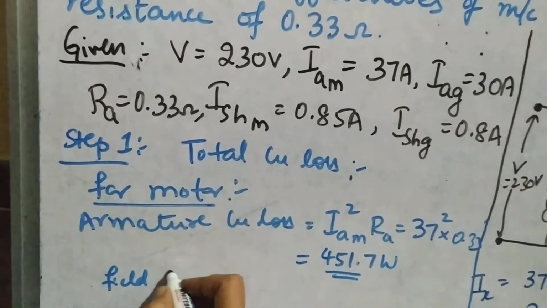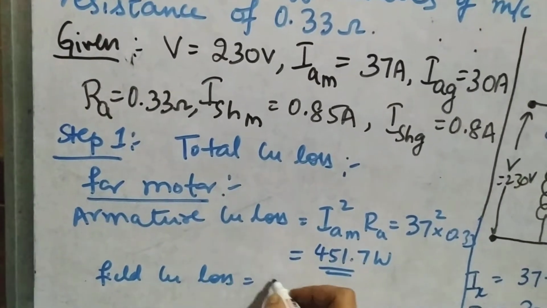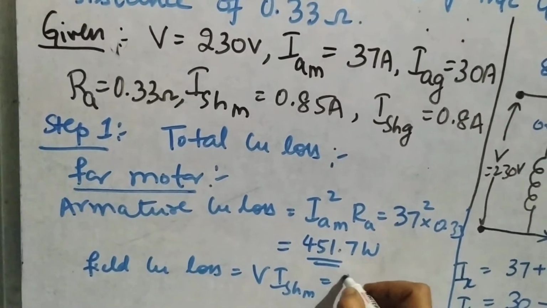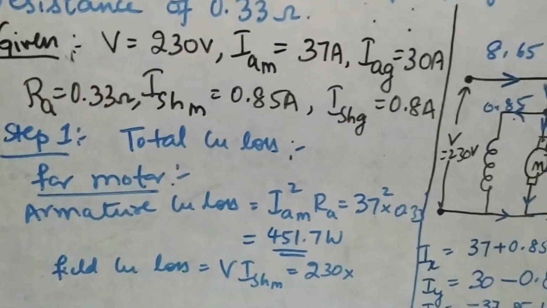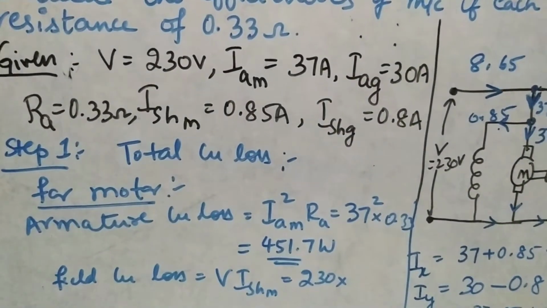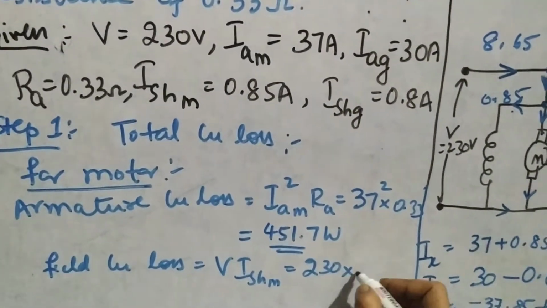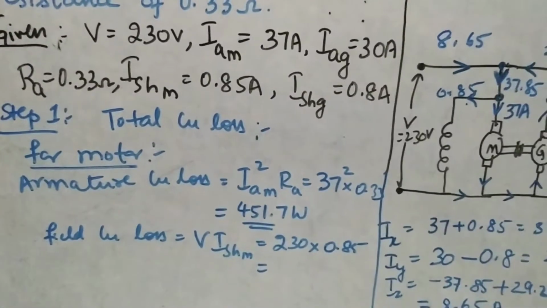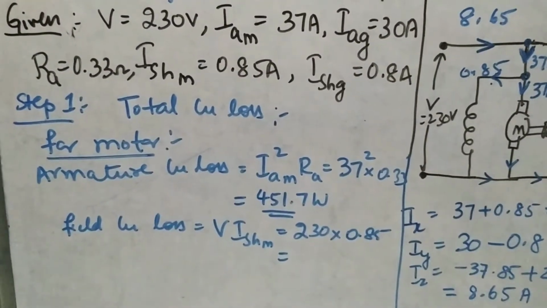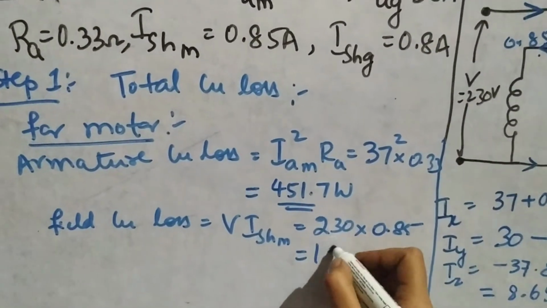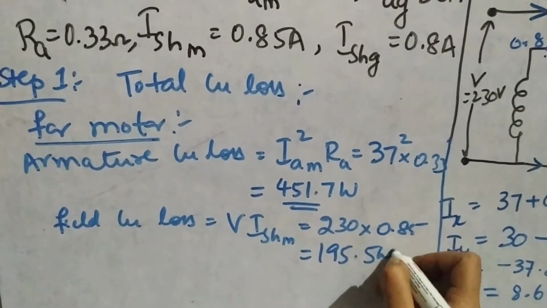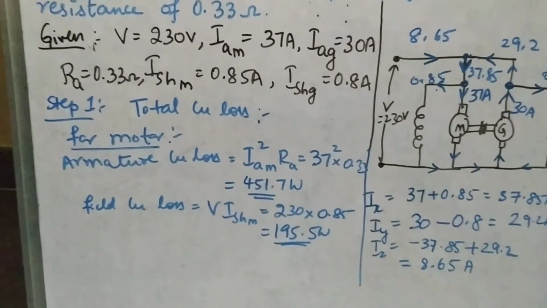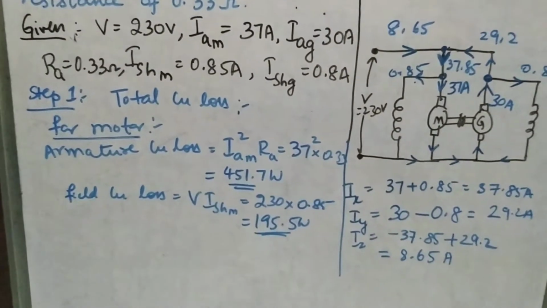Similarly, calculate the field copper loss. That is V into I shunt M. So it is 230 multiplied by the shunt current, 0.85. So it leads to 195.5 watts.